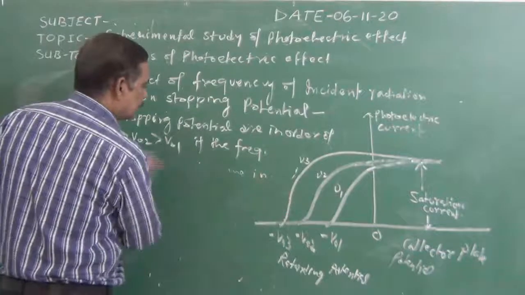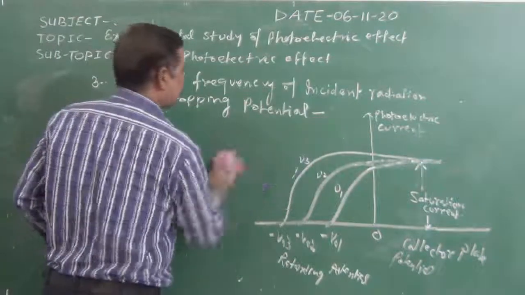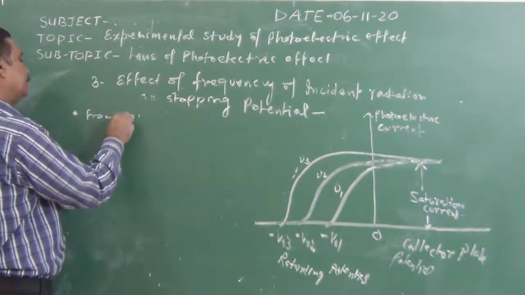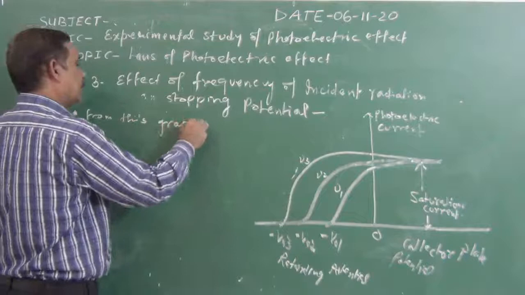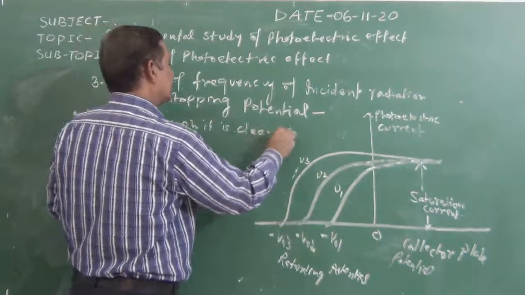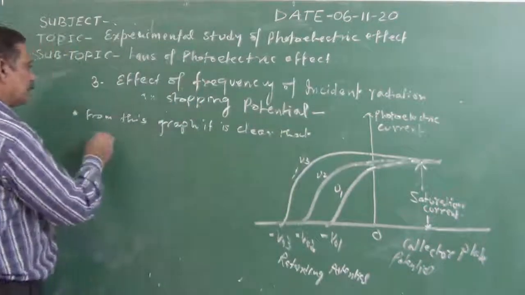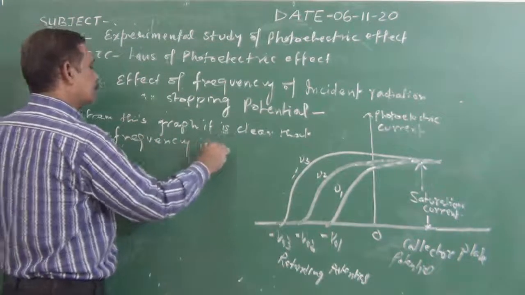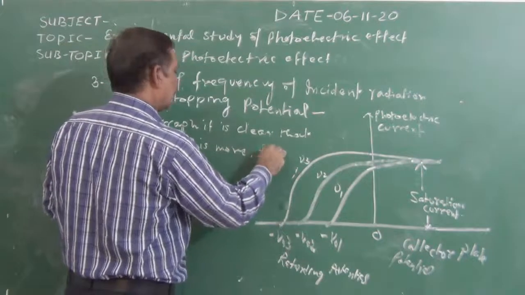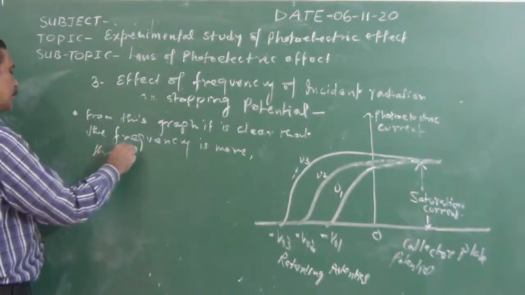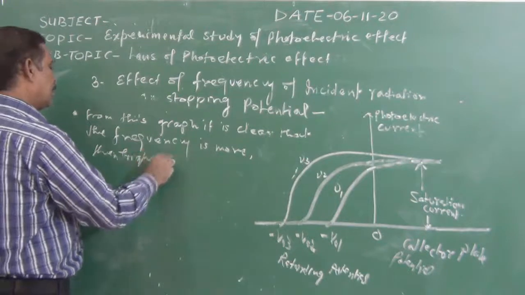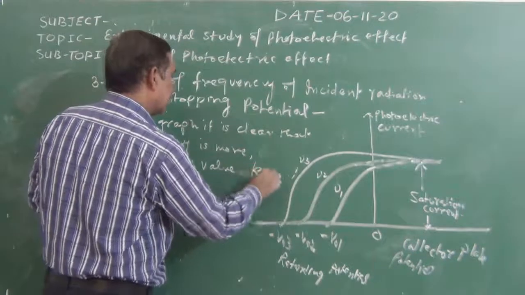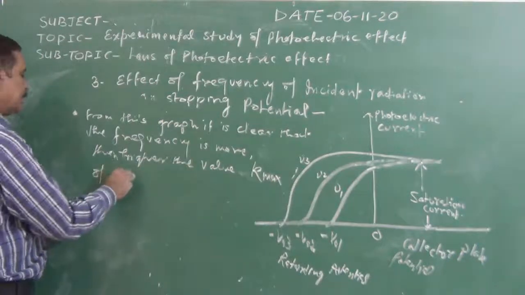From this graph it is clear that if the frequency is more, then higher the value of maximum kinetic energy of emitted electrons.